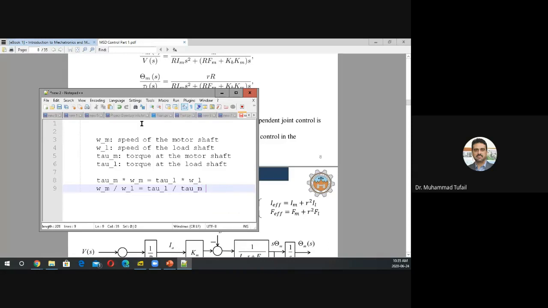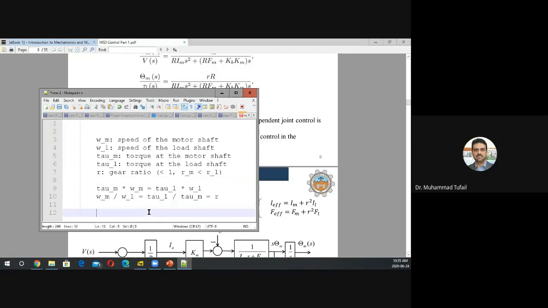These two ratios are the same, and that's what we call our gear ratio. So R is our gear ratio. In the current case, it's less than 1, which means the radius of that gear is less than the radius of that gear.